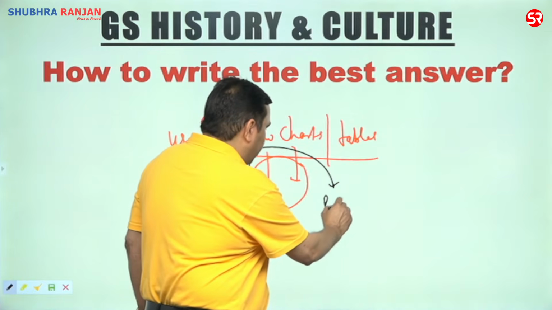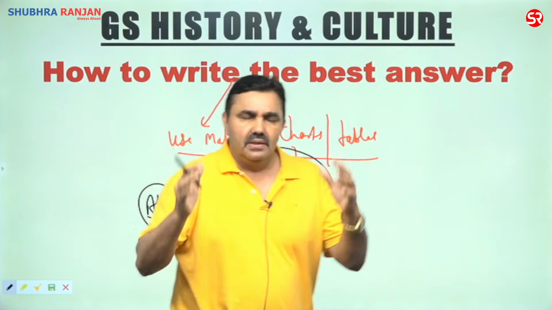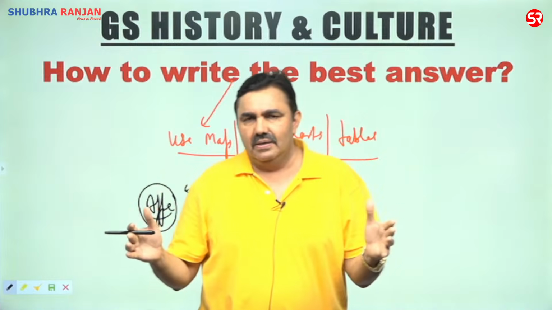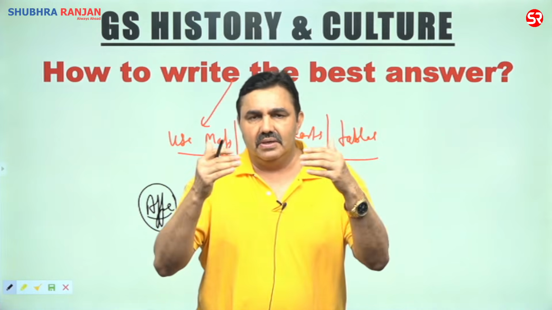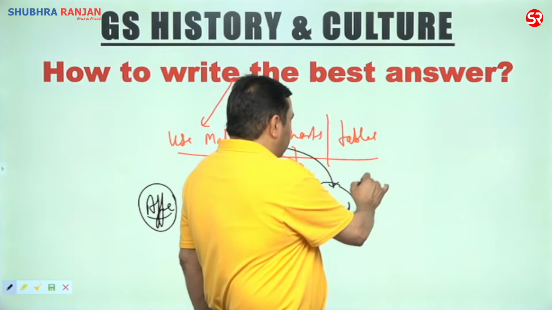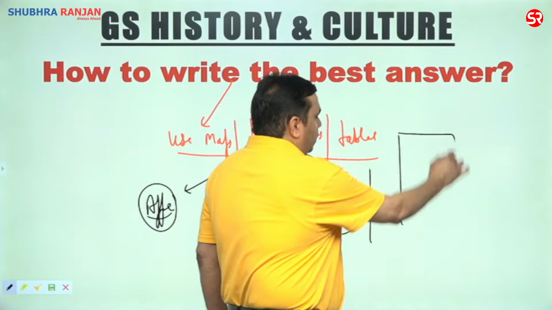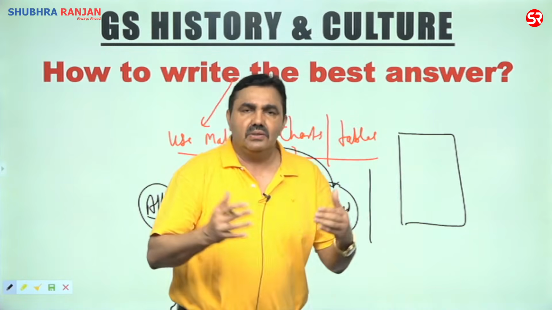You have to fill pages also. Think of a 15 marker. In 15 marker questions, you have 3 sides to write. You have to use at least 2.5 sides to give the impression that you are not deficient in content. Sometimes students just write everything, whatever they know, in one side, and 2 sides are blank. That's not a good impression.